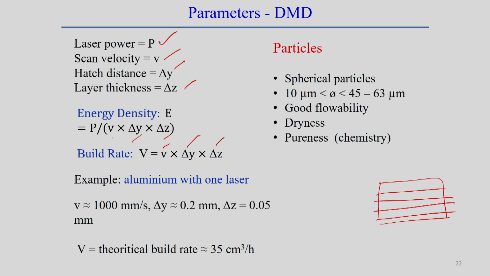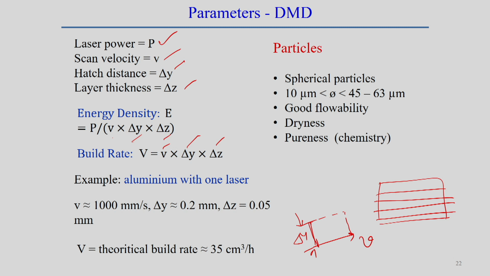The velocity is moving in a particular direction, delta y is perpendicular to that, and delta z is in the thickness direction. That determines the build rate, which is basically the volume flow rate, the volume build rate during this process.